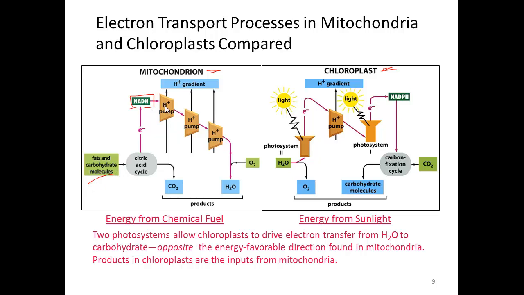The electrons are passed down an electron transport chain. A proton gradient is established by proton pumping, and this proton gradient is used to drive ATP synthesis. And while it's not as essential for the comparison, the organic molecules are oxidized to carbon dioxide. Oxygen is consumed as an electron acceptor, producing water.